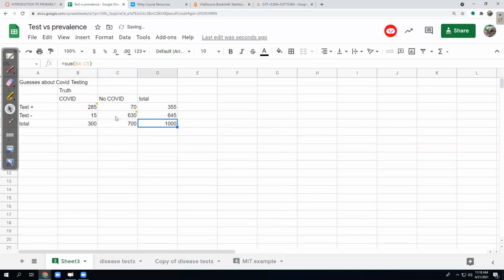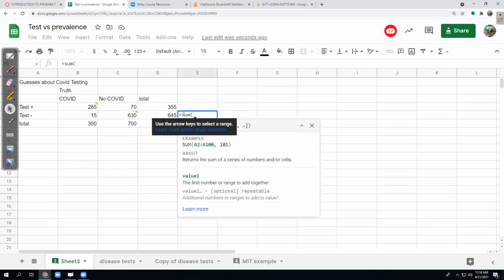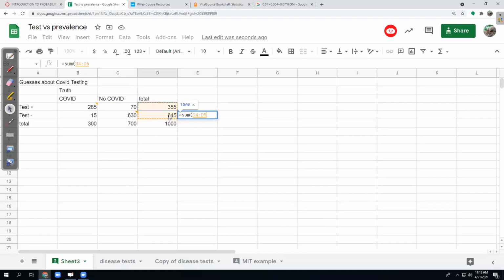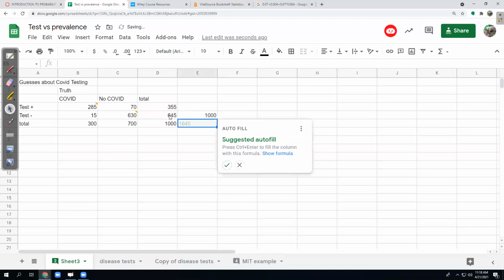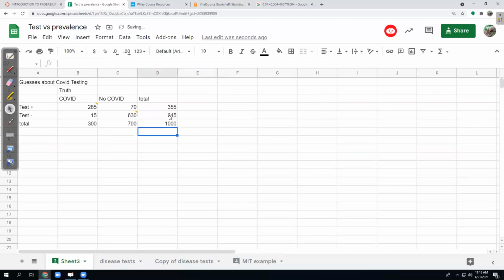I should have 1,000. And then I usually kind of like to double check. Do these 2 numbers add up to 1,000 also? So sometimes just to make sure I didn't mess up my table, I'm going to do some checks off to the side and then delete them after. Yep, those 2 add up to 1,000 also. Do these 2 add up to 1,000? I can pretty clearly see they do, so I'm not going to do it there.